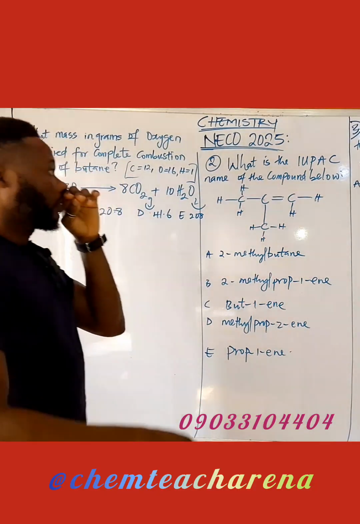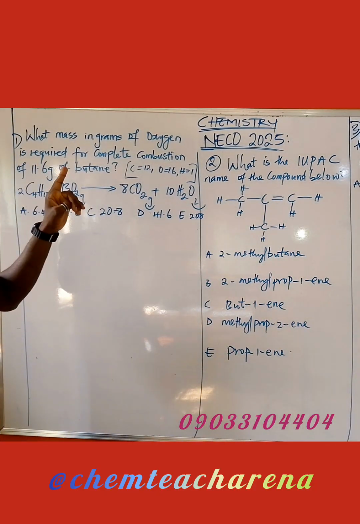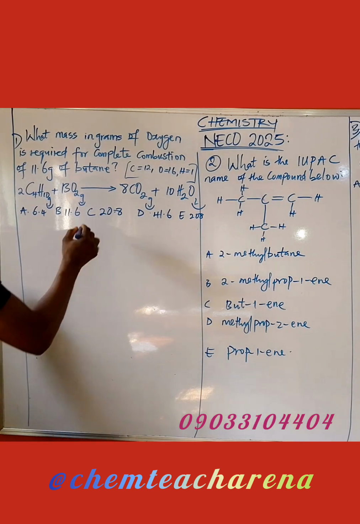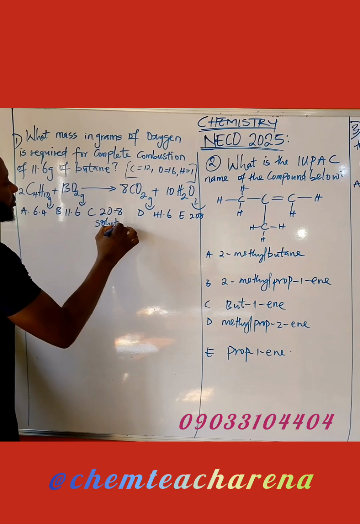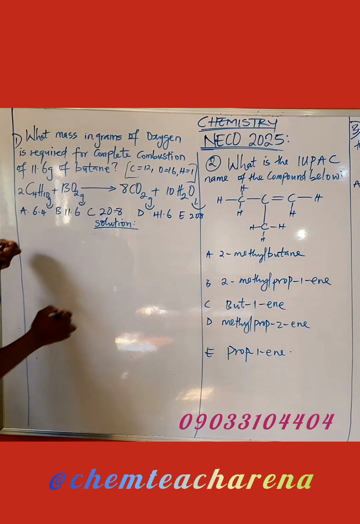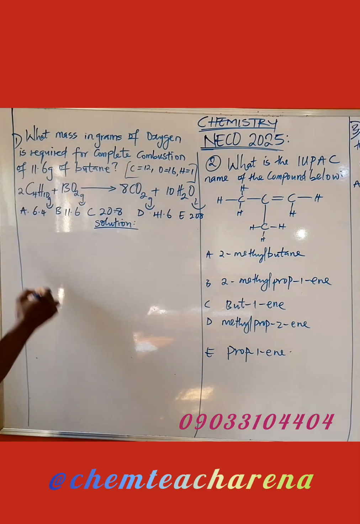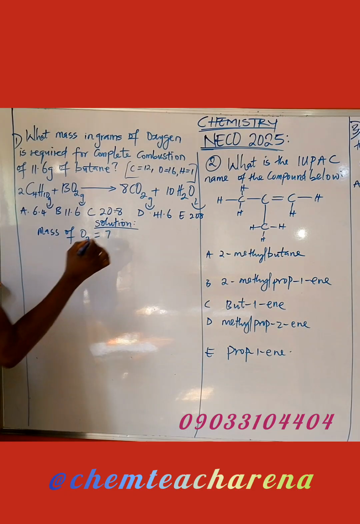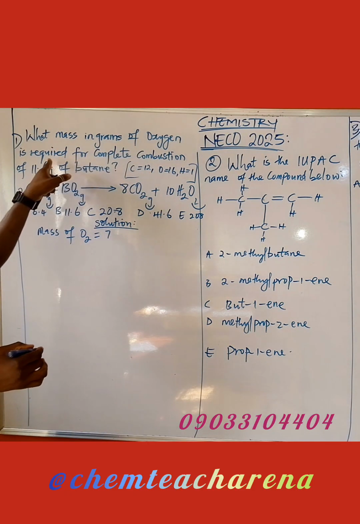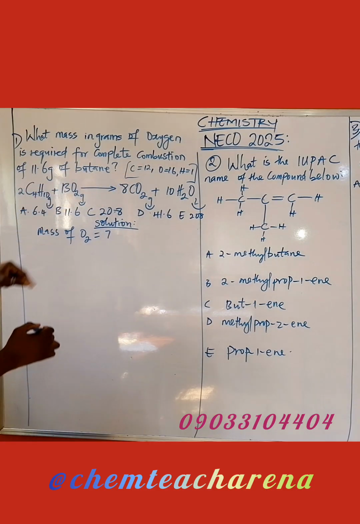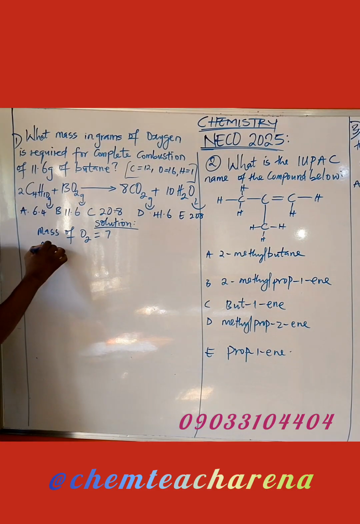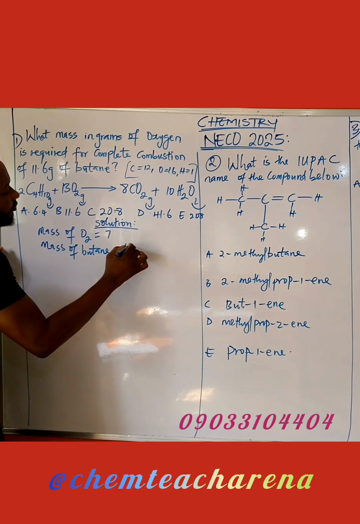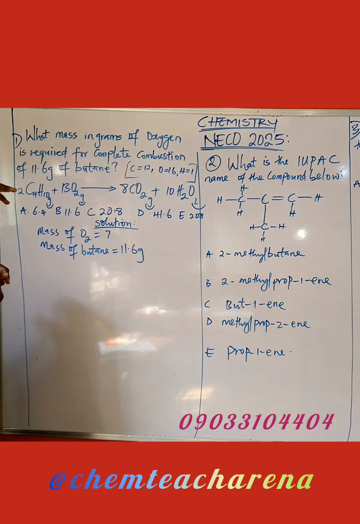Question number 1 says, what mass in gram of oxygen is required for the complete combustion of 11.6 gram of butane? Solution: I will quickly write mass of oxygen equals unknown.